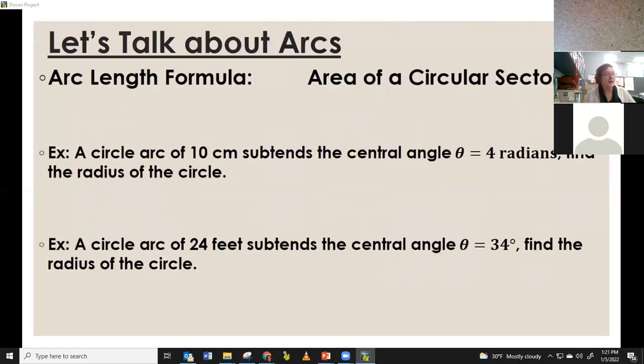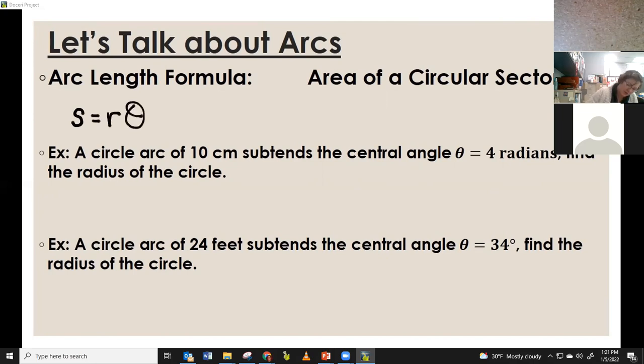Right. Last thing we need to talk about today is arcs. We need to talk about arcs. So our arc length formula is S, that's our arc length, equals R, the radius, times theta.